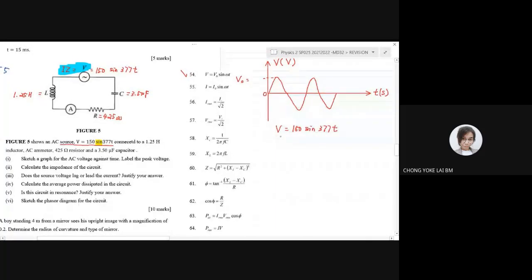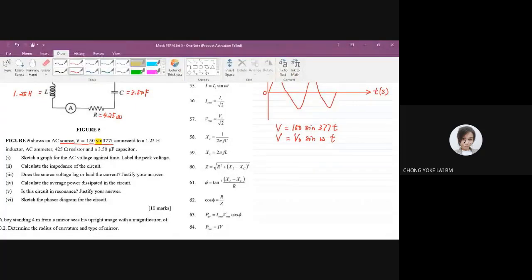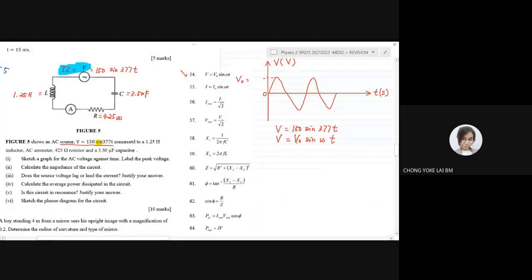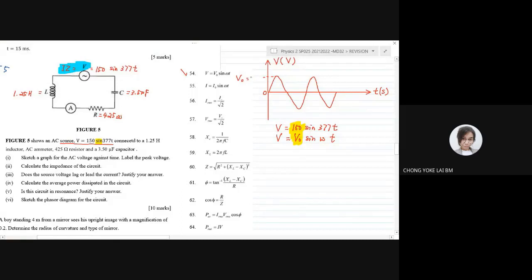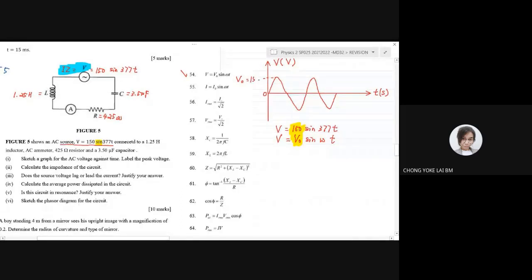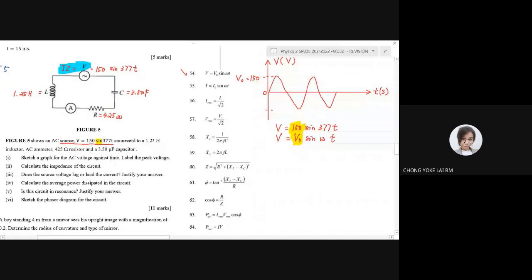If you compare with V equal to V0 sin omega t, then you can see very obviously your V0 is 150. So you boleh labelkan V0 is 150 volt. Sebelah bawah ni pun kita tandakan lah, sebab nilai dia keep on change kan. So kita ada 150 dekat atas dan negatif 150 dekat bawah.